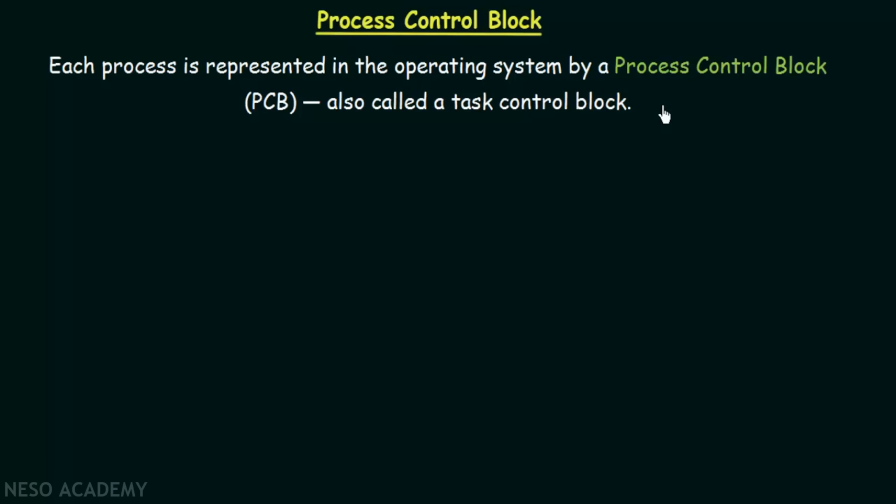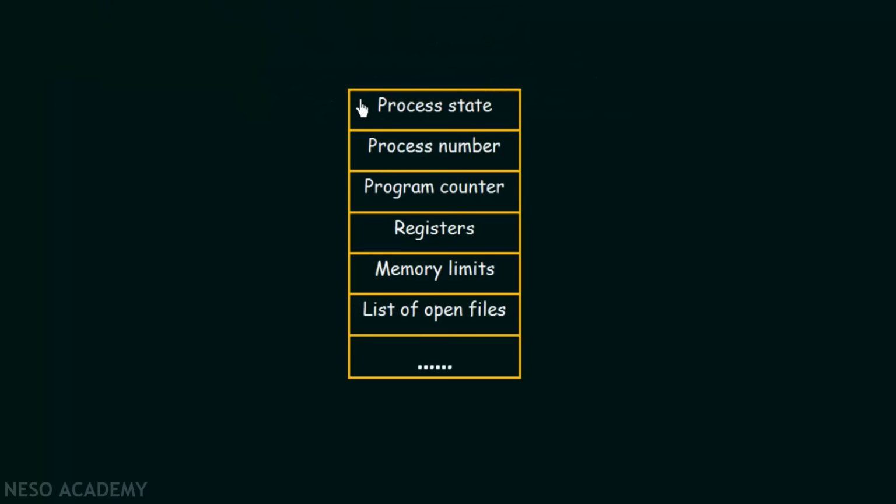So let us take an example diagram to see how the process control block looks like, and let us see what are the things we have in the process control block which helps us to represent that process in the operating system. So this diagram given here is the example of a process control block. So we have things like process state, process number, process counter, registers, memory limits, list of open files, and so on.